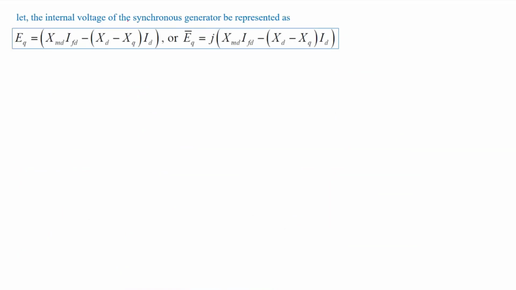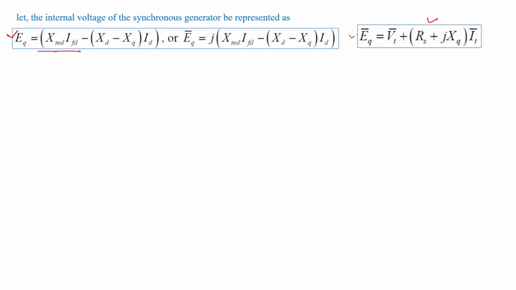Let the internal voltage of the synchronous generator be represented as Eq. The magnitude of the internal voltage is Xmd Ifd minus (Xd minus Xq) Id. In phasor form, I can write Eq equal to Vt plus (Rs plus jXq) It.